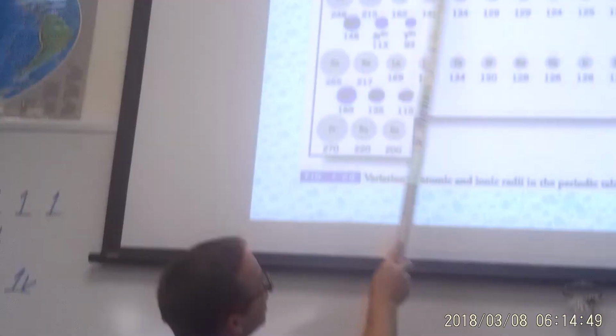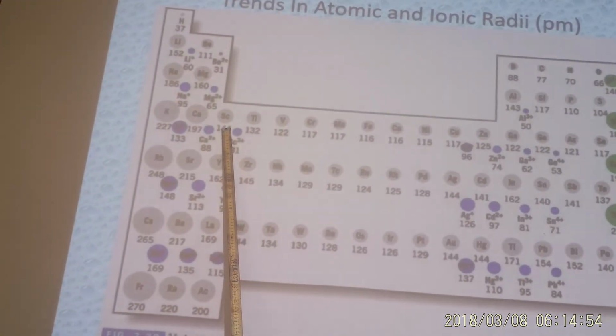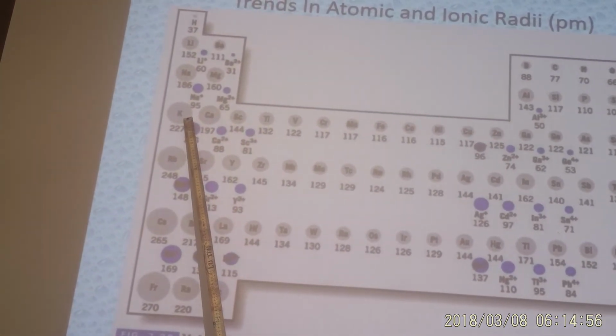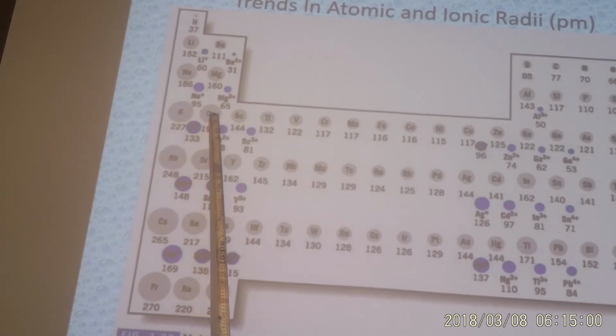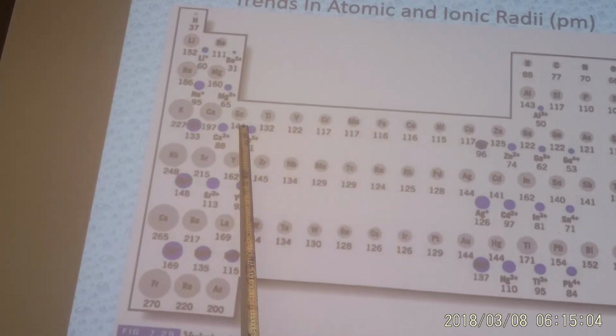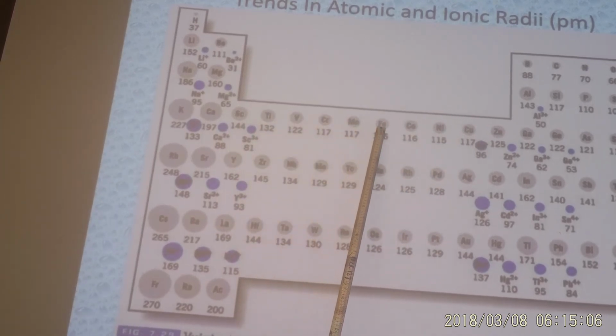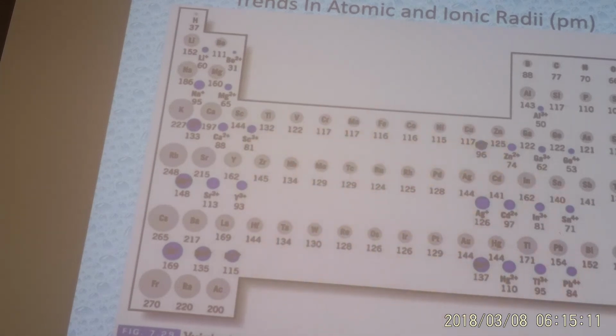Looking across from scandium to zinc, 3d. Wait, did I just talk about this one? Oh, sorry, that's 4s2, 4s, right? 4s1 and 4s2. So looking at scandium going across, all of these electrons are going into what subshell? The d subshell, the 3d, right? All are going into 3d.